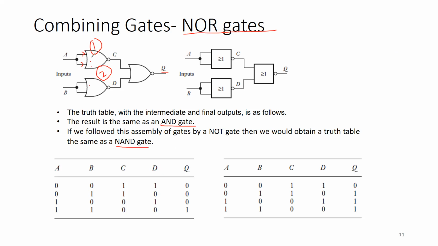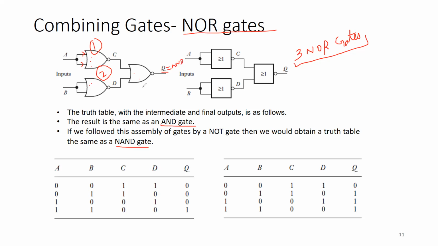ठीक है, तो अगर आप 3 NOR gates लोगे, if you consider 3 NOR gates and combine them in such a form as shown over here, that means the input to the final NOR gate is previously passed through the NOR gates only, then the output will be an AND gate.